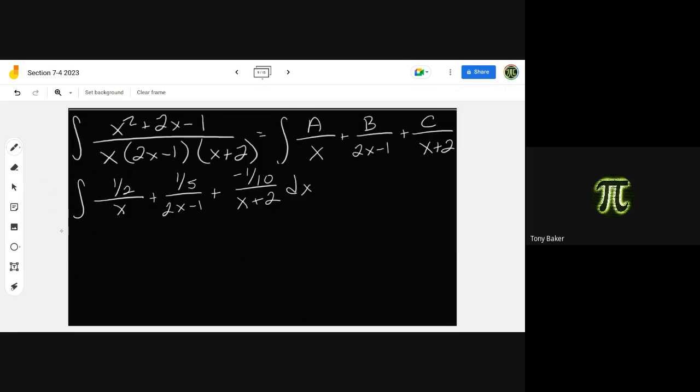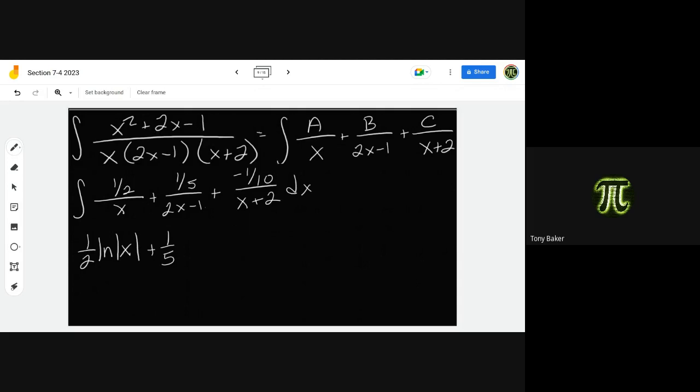So this first one is going to be 1/2 ln of x. The second one's going to be 1/5. But what about this 2x minus 1 down here?